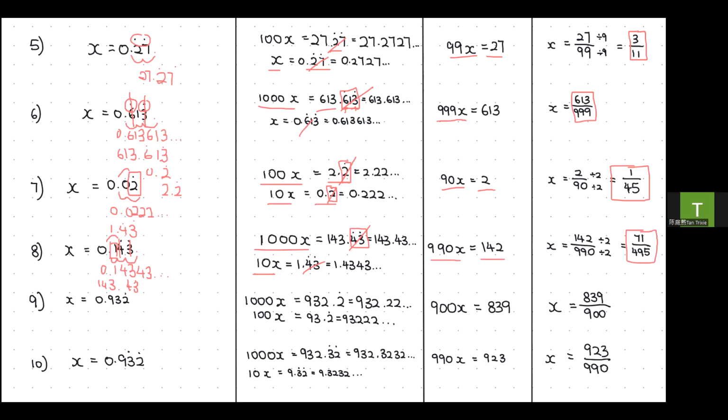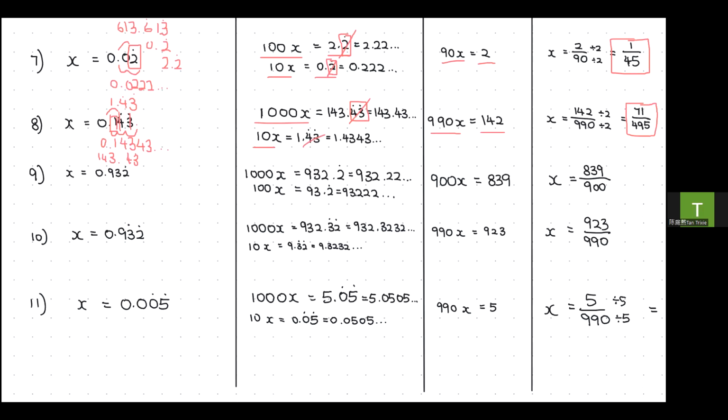Question 9. 0.932 with a dot on top of 2, meaning 2 will be repeating and 9 and 3 will not. So it equals 0.93222, repeating 2 only.